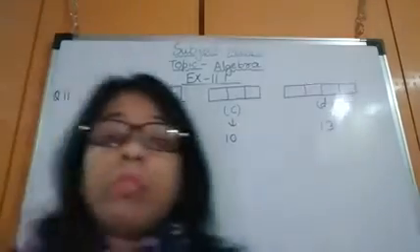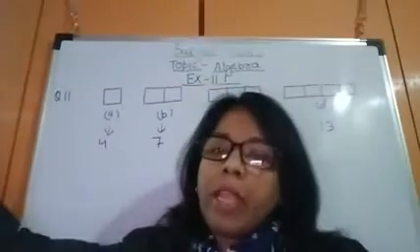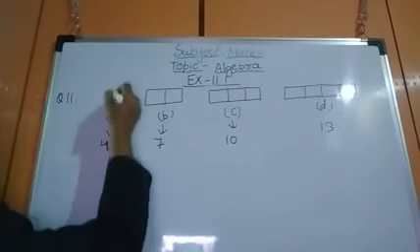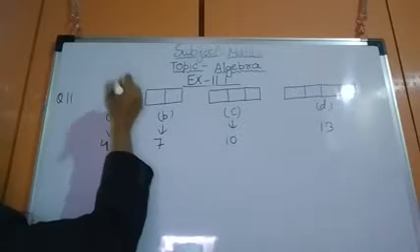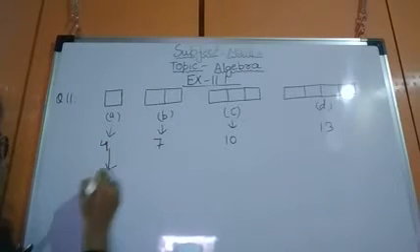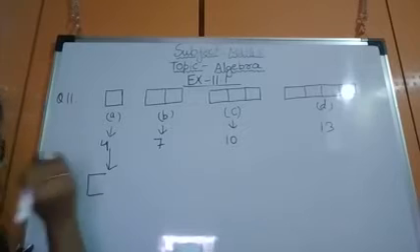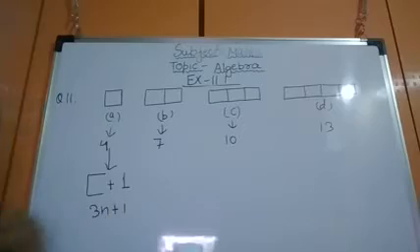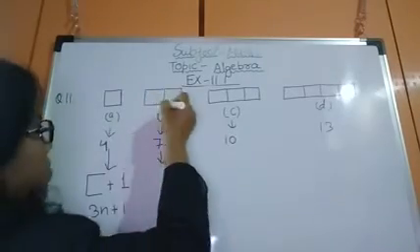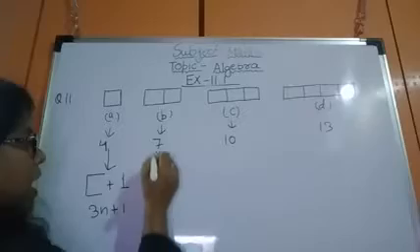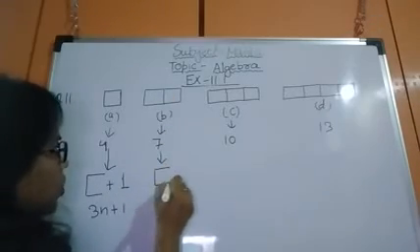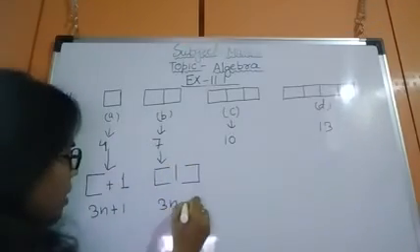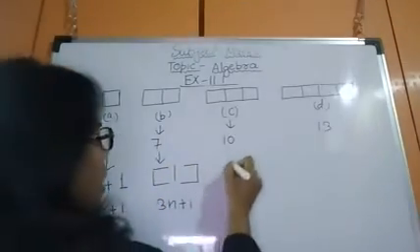If we have to make a chain of big squares, how can we do it? See here, 4 is there. Can we write it as made using 1, 2, 3 matchsticks plus 1? So we can write 3n plus 1. Here, 7 is there: 1, 2, 3, 1, 2, 3 and 1. So again it is 3n plus 1.